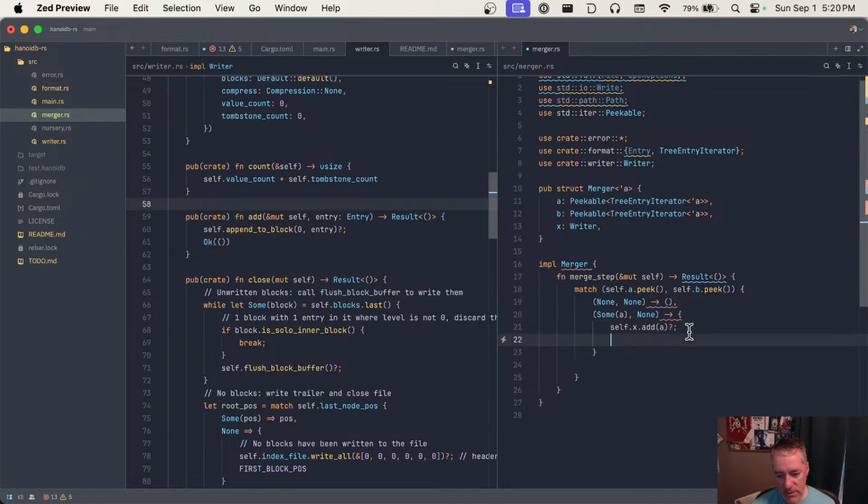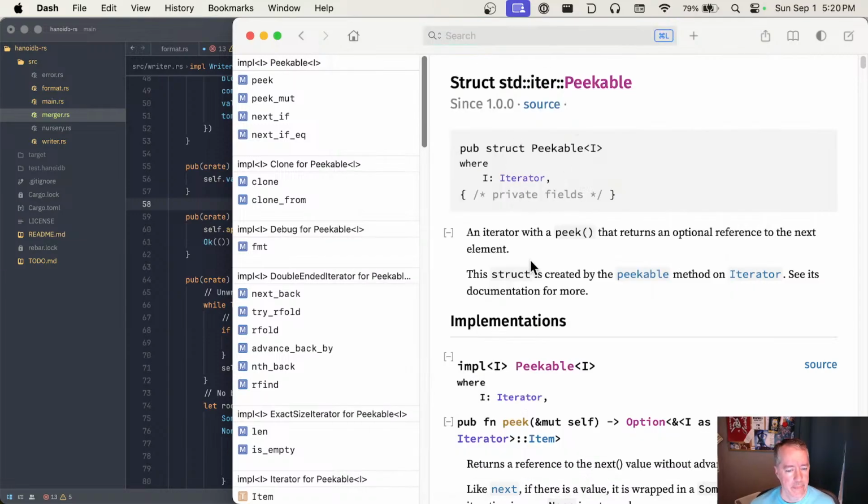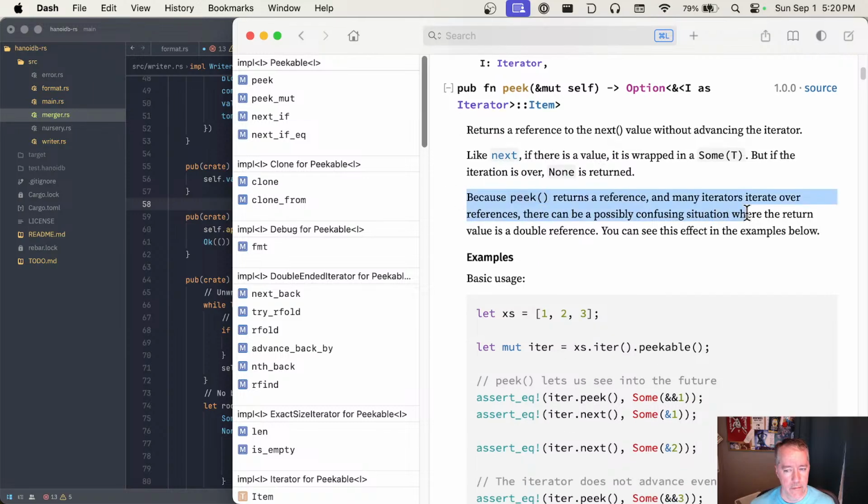But we also need to discard that from the iterator, so we need to advance it. Okay, so peek returns a reference.